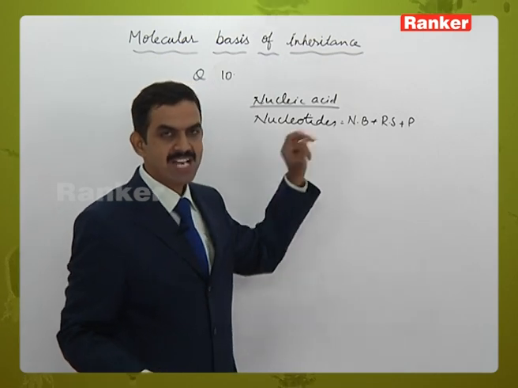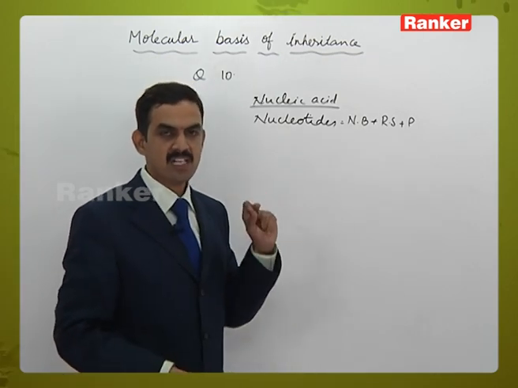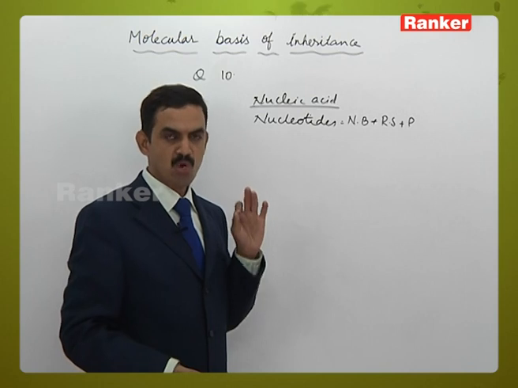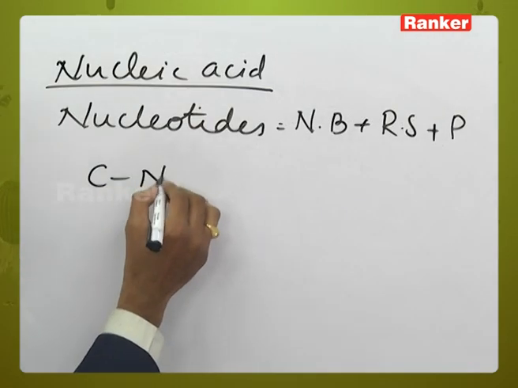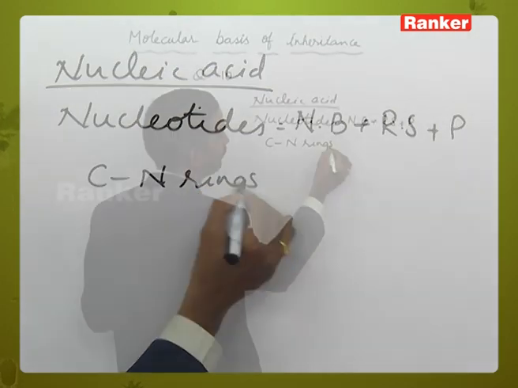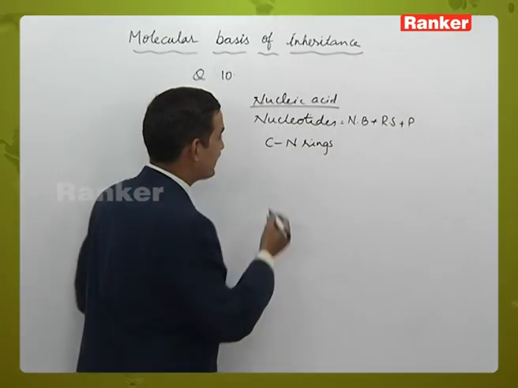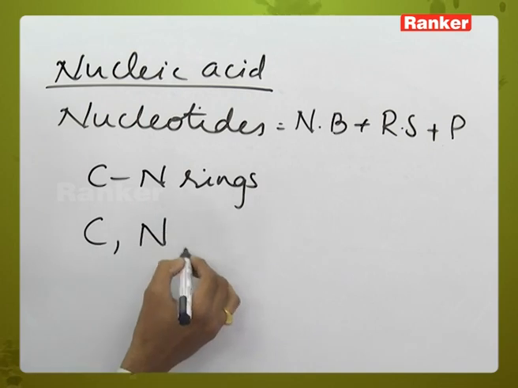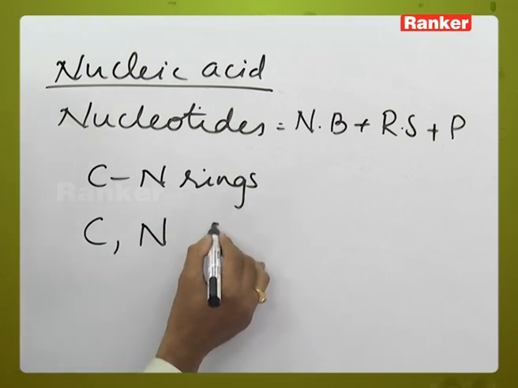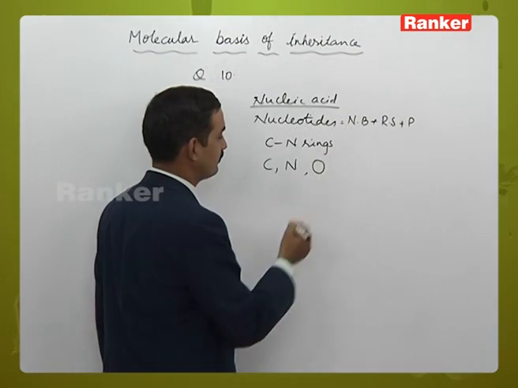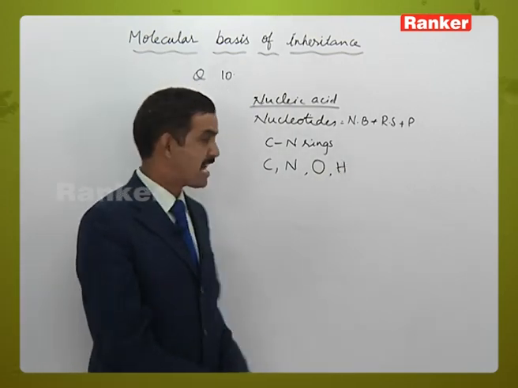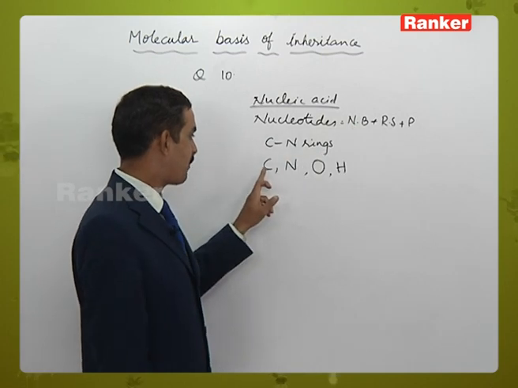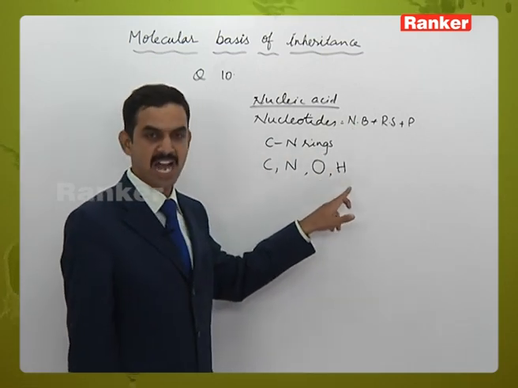Nitrogen base is a dicyclic compound or a monocyclic compound which is made up of carbon nitrogen rings. That means they contain carbon, nitrogen and somewhere they contain oxygen also along with hydrogen. That means the nitrogen bases are made up of carbon, nitrogen, oxygen and hydrogen.